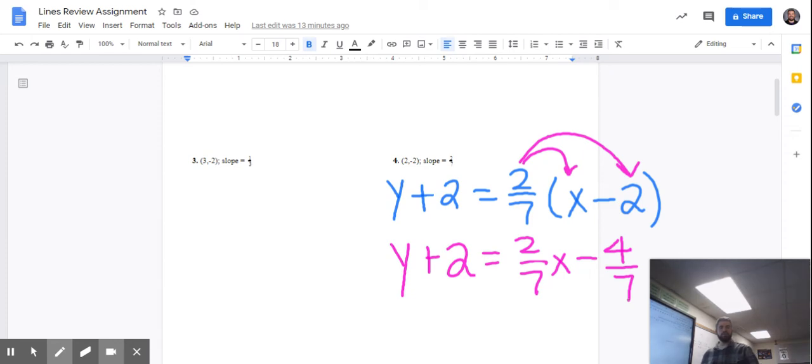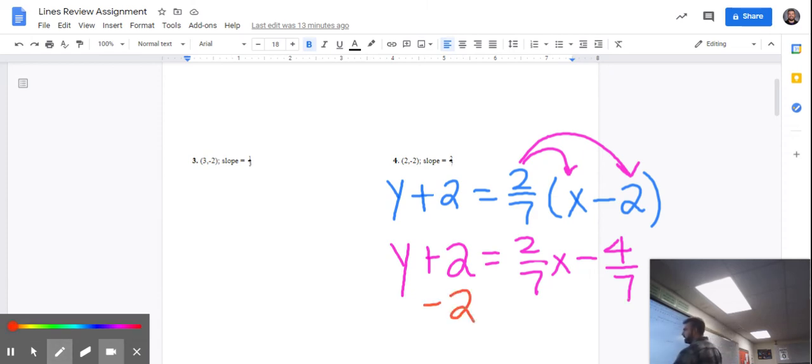Again, the only difference between what I have now and slope-intercept form is that I have that plus 2 on the left side. So the final thing I'm going to do is subtract 2. Now, subtracting 2 from 4/7 is a little bit difficult, right? Because it needs to have a common denominator whenever we're adding or subtracting fractions.